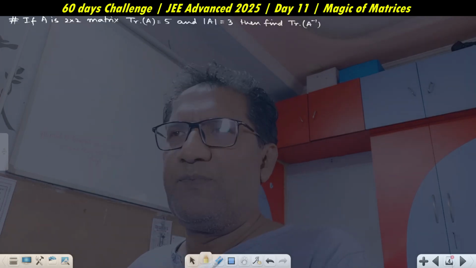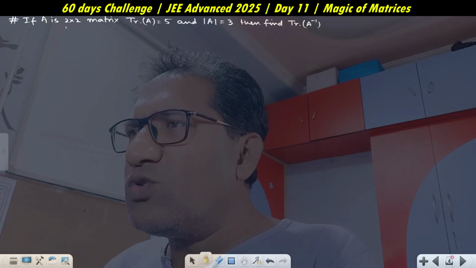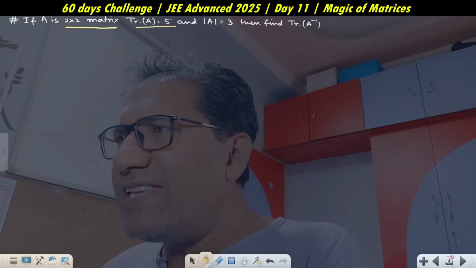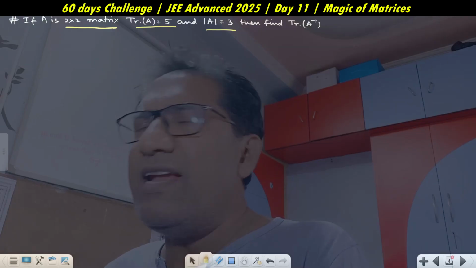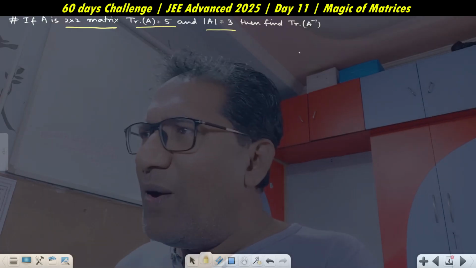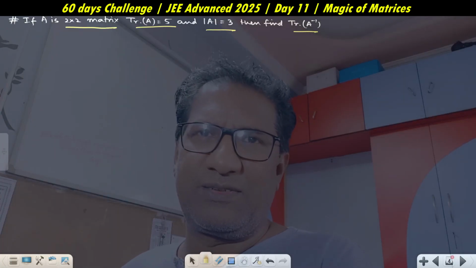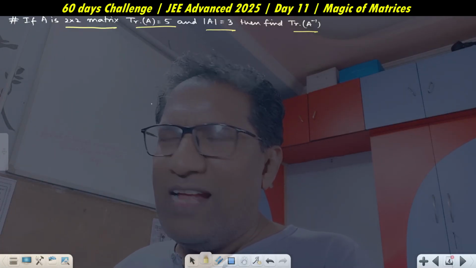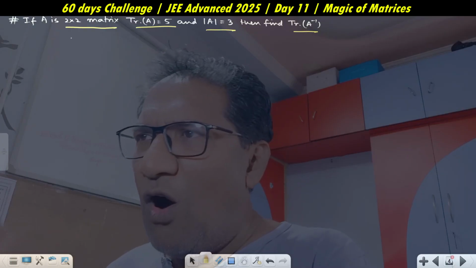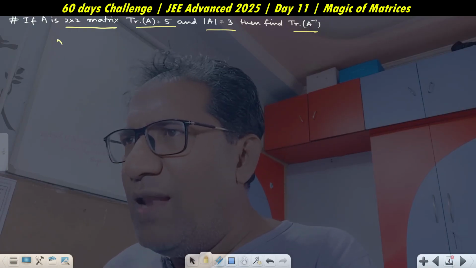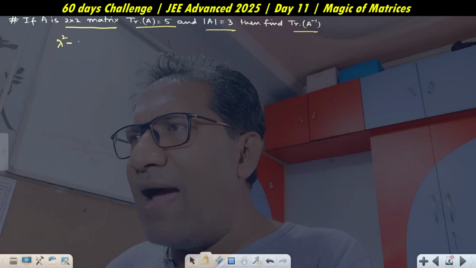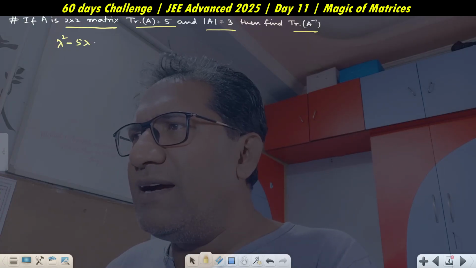See this question. A is a 2 into 2 matrix. Trace is given and the determinant is given. Now the question is, find out the trace of A inverse. We know that the characteristic equation of the matrix A will be lambda square minus 5 lambda plus 3 equals to 0.